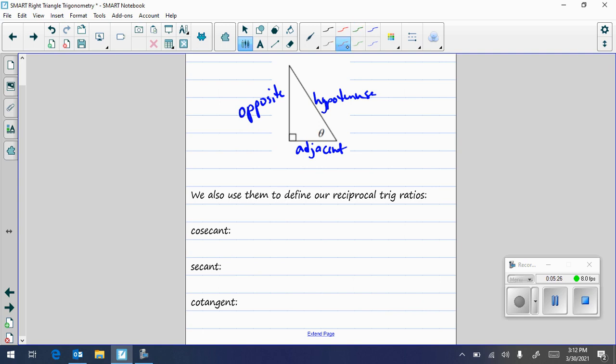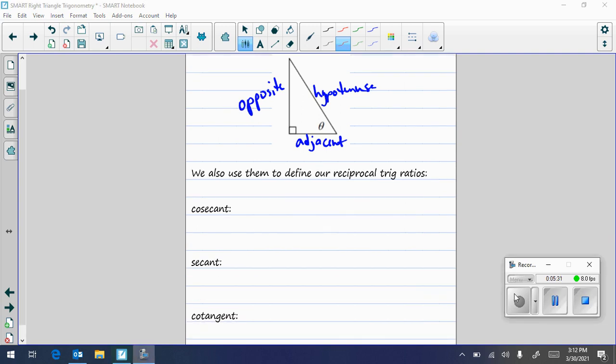So now we're going to do those. Our cosecant is defined, this is cosecant, that's the trig ratio. Our cosecant is defined as 1 over sine. So first of all, it's abbreviated as csc, but we still say cosecant when we write it, of theta is going to be 1 over sine of theta.